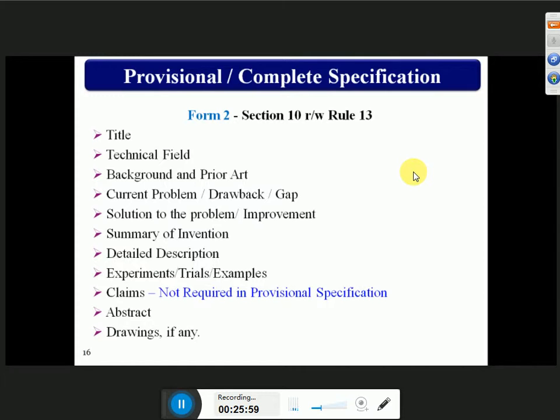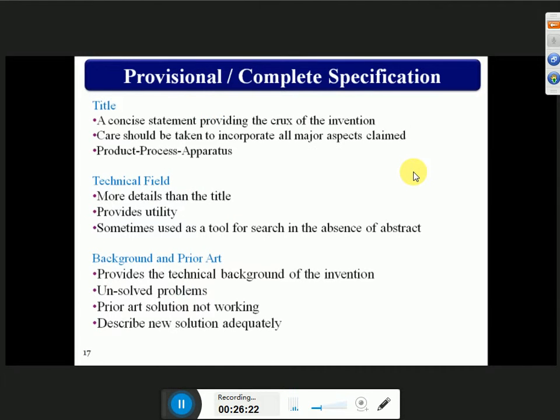Detailed description is most important. Detailed description means detailed description. No minor portion should be taken out. Every minor point should be disclosed in the detailed description. Experiments, trials or examples which you have carried out. Claims, which are not required in provisional but are a must in complete specification. Abstract, and if you have a drawing you can also file it.